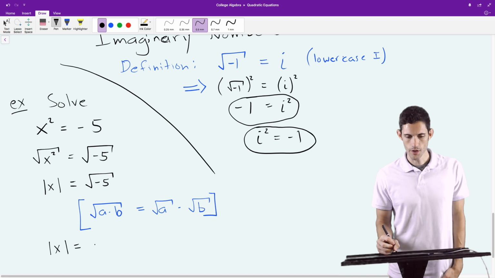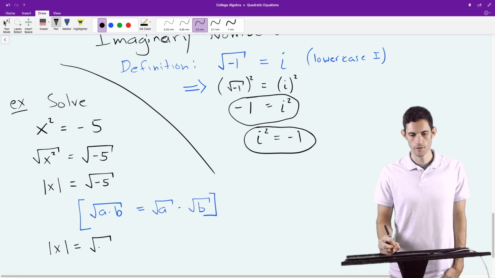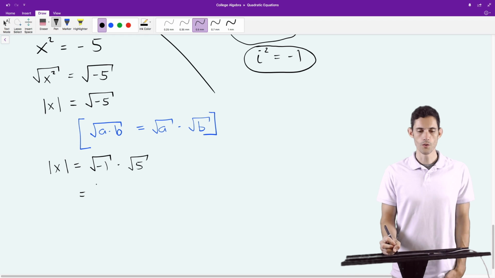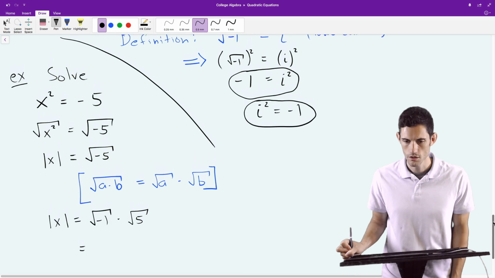On the right-hand side, I'm going to recognize this negative 5 is just negative 1 times 5. So I'm going to write this as the square root of negative 1 times the square root of 5. And now I know what the square root of negative 1 is because I'm just going to use the definition.